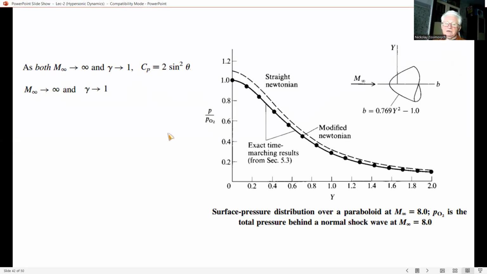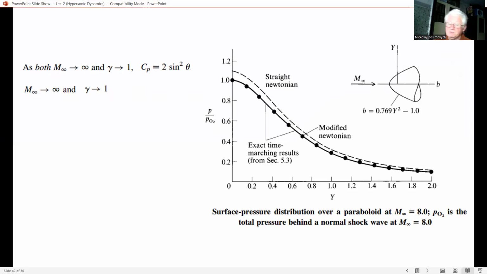The solid line is an exact finite difference solution of the blunt body flow, and the solid symbols are the modified Newtonian result. We should note the excellent agreement, particularly over the forward portion of the nose. The dashed line is the straight Newtonian result. It lies nearly 9% above the exact result, as you can see.